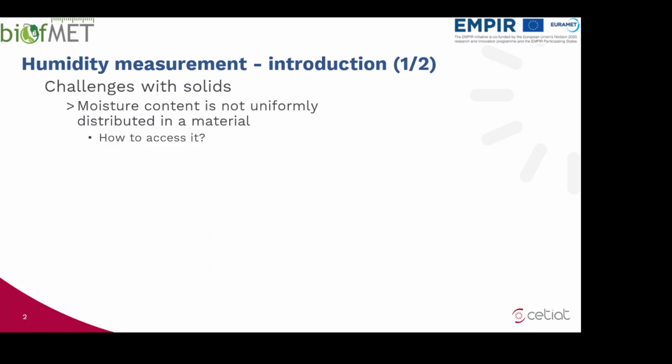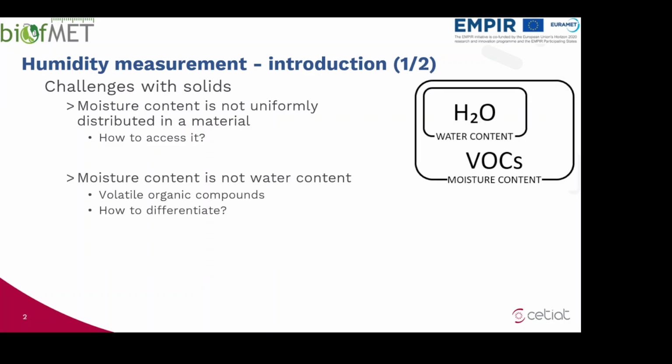The second one concerns the difference between moisture content and water content. Moisture content refers to the total amount of water in a material, including any volatile organic compounds, also known as VOCs, whereas water content only refers to the total amount of water present in a material.